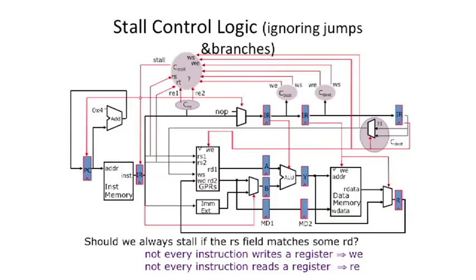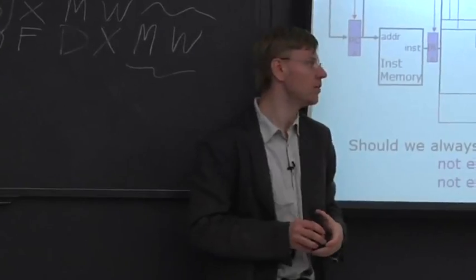And this might just be generated early and then piped forward, depending on your pipeline design. That's more traditional pipeline control. All of this right now is ignoring jumps and branches. If you introduce jumps and branches, things get a little more complicated, and we'll talk about that in the control hazard section of today's lecture.